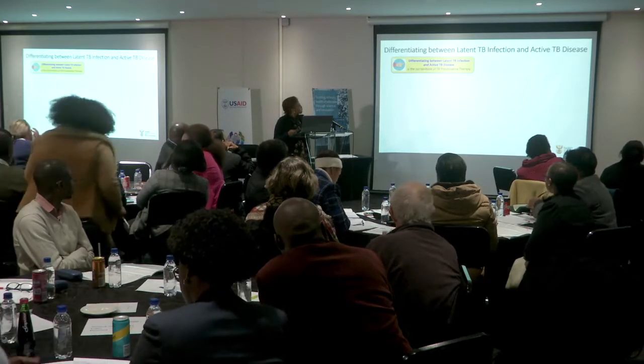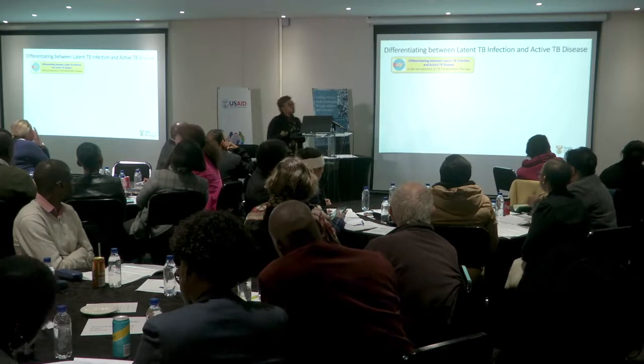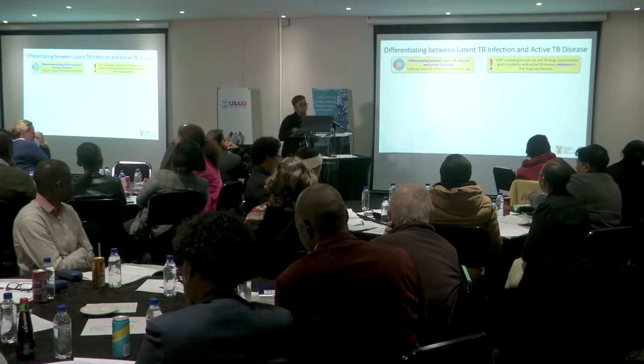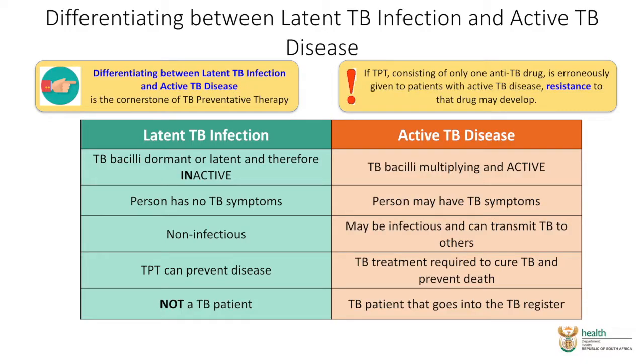So if we look at the differentiation then between your latent TB and active TB disease, I think the major thing we need to remember here is that with your latent TB infection, the TB bacilli is dormant. And this is important because there used to be that issue of what if the patient does become TB positive, or rather in terms of your defaulters, what happens with resistance issues?